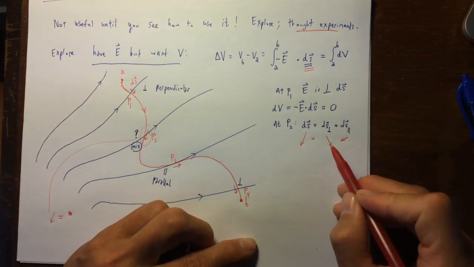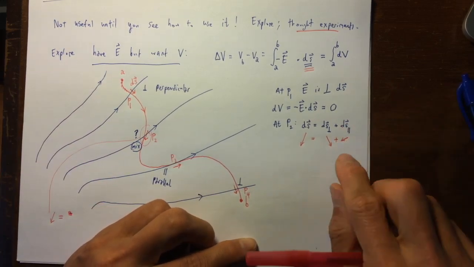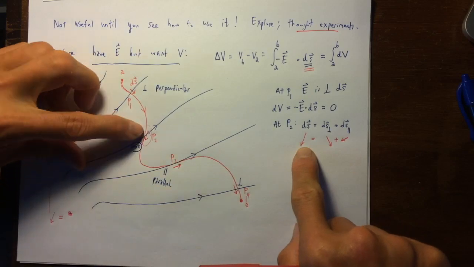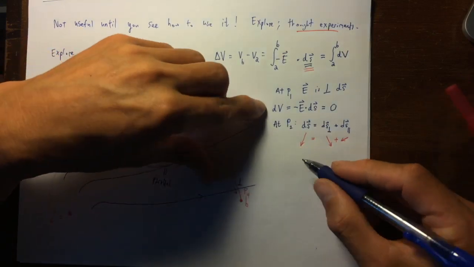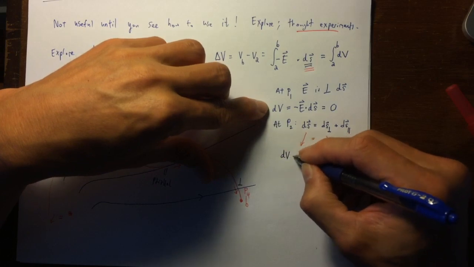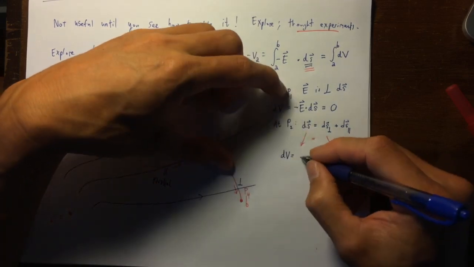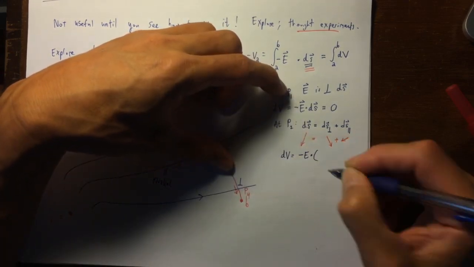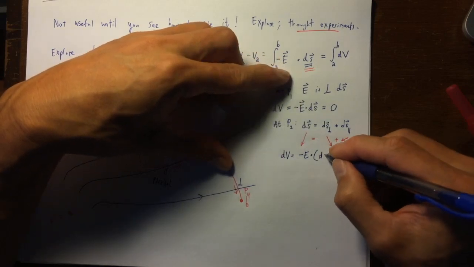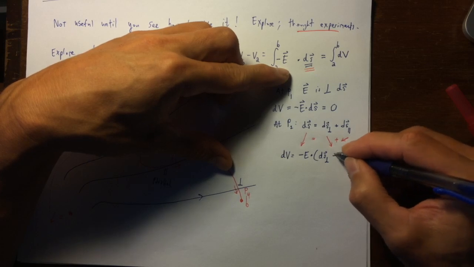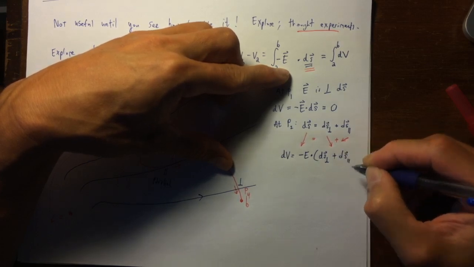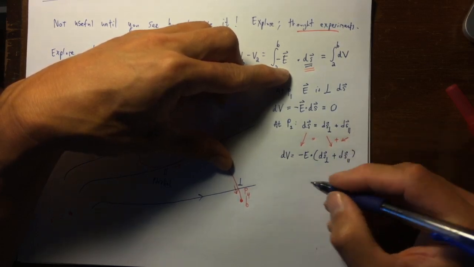And if I add these two vectors, what I get is the small actual vector along the path. And what I'm trying to get at is that dV is equal to minus E dot this combination of ds that's perpendicular to the electric field plus the ds piece that's parallel to the electric field.